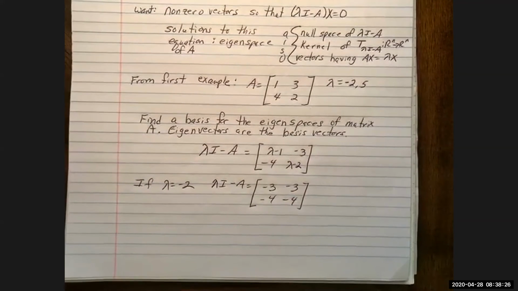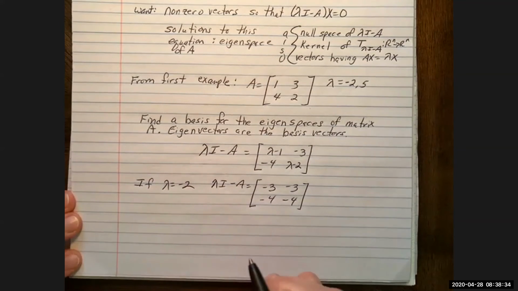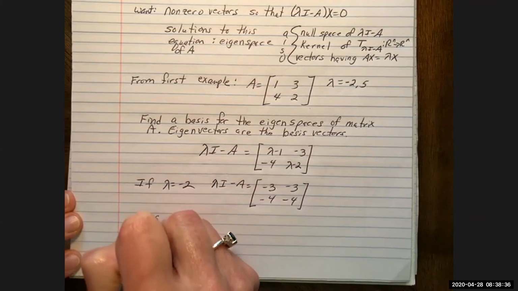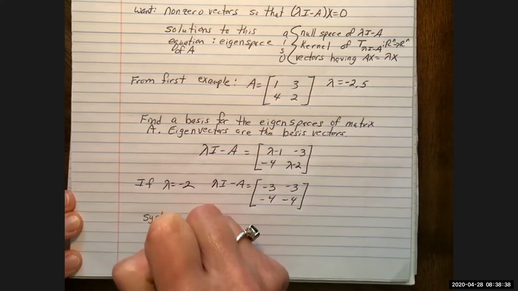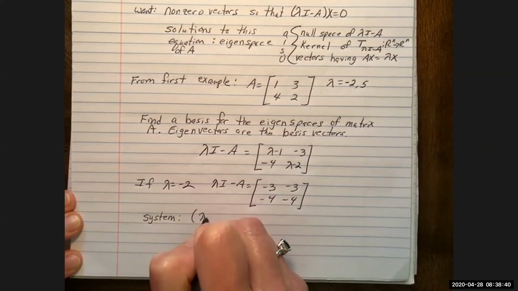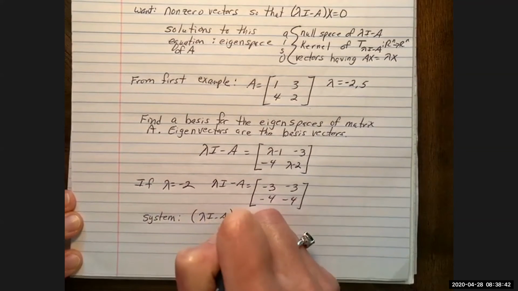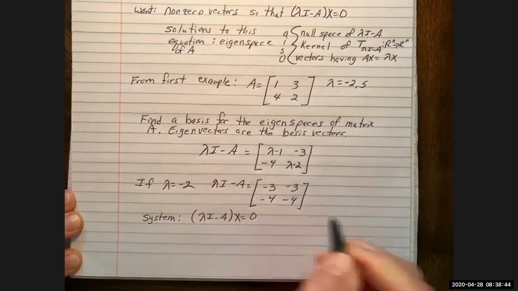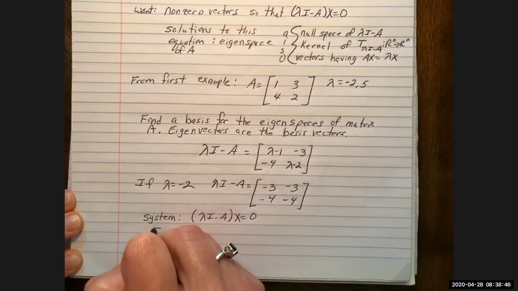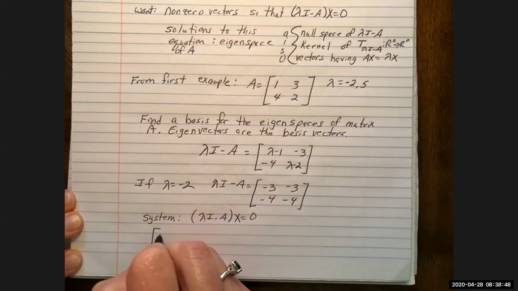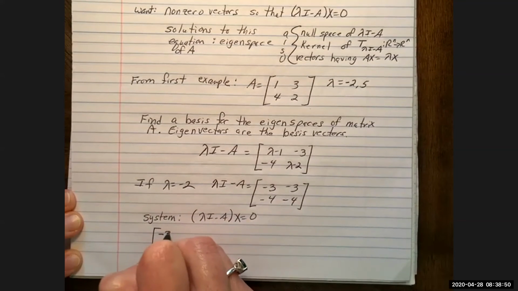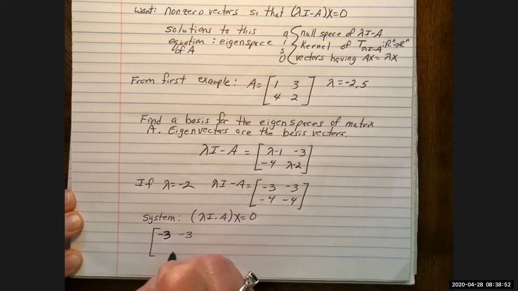Substitute -2 in for lambda. Okay, that makes our system of equations lambda I minus A x equals 0 have a matrix that looks like this. Oops, that's 3, -3.